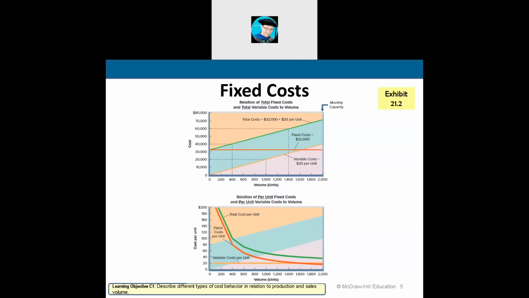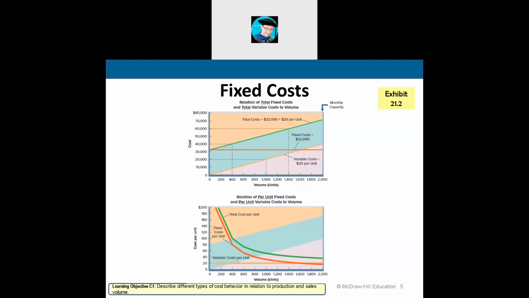The one after that, $20. My variable cost per unit stays the same, for the most part. It doesn't matter if it's today, tomorrow, it's the same. So $20 per unit is our variable cost per unit. We can see that in the yellowish, light orange line at the very bottom of the bottom chart.